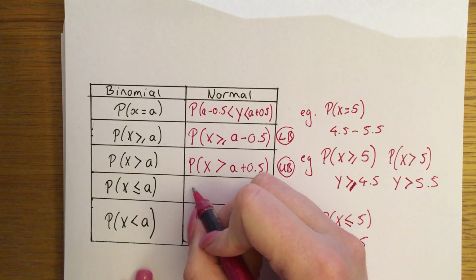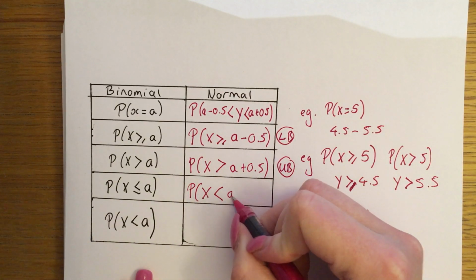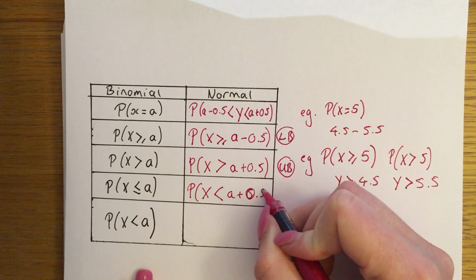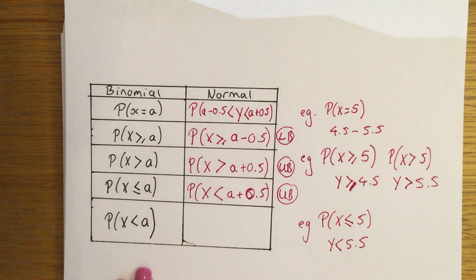So for my normal distribution, I need to use the upper bound, because I need to include that value a, because I want less than or equal to that value.